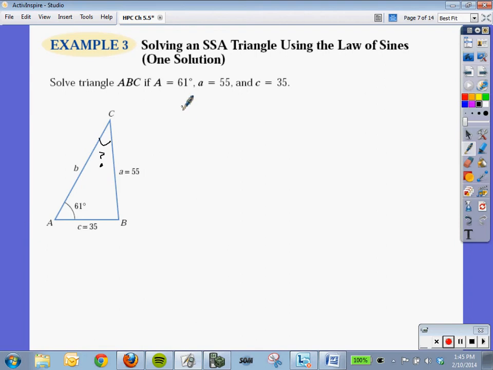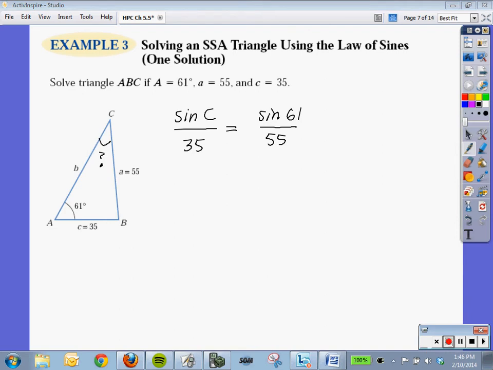So I'm going to set up my proportion here. I'm going to say that the sine of C over 35 is equal to the sine of 61 over 55.